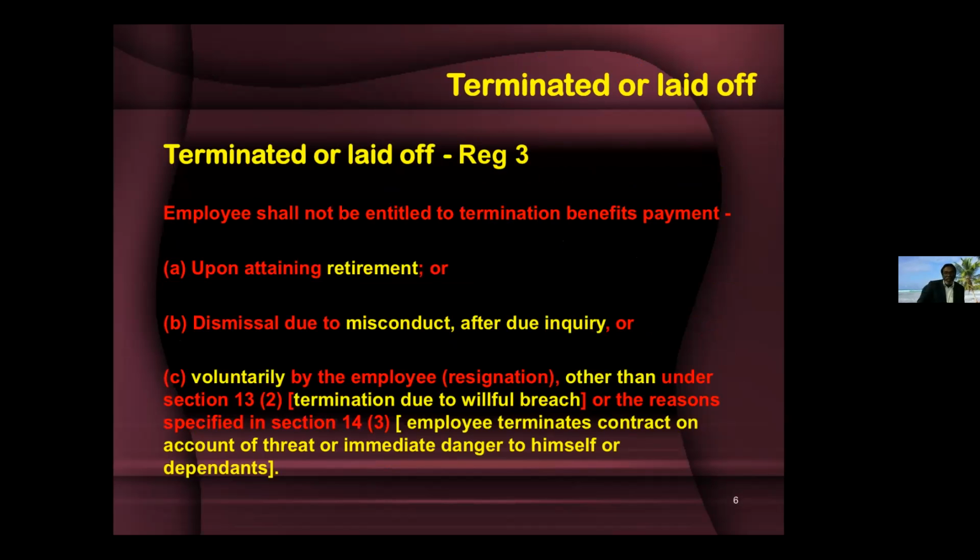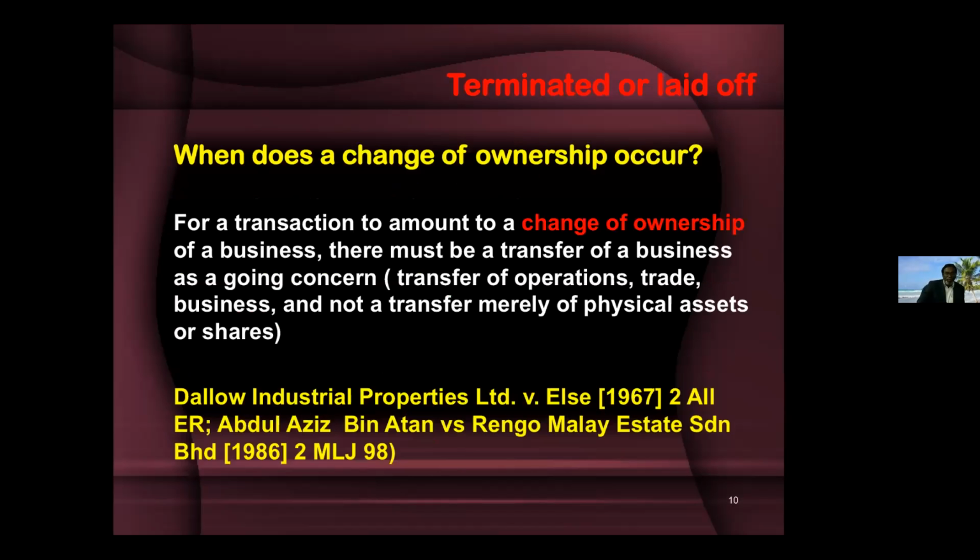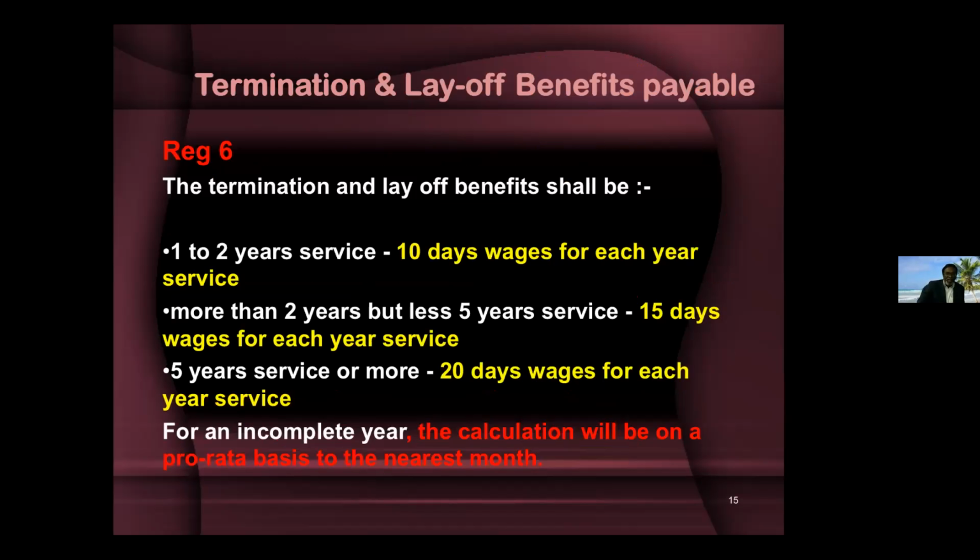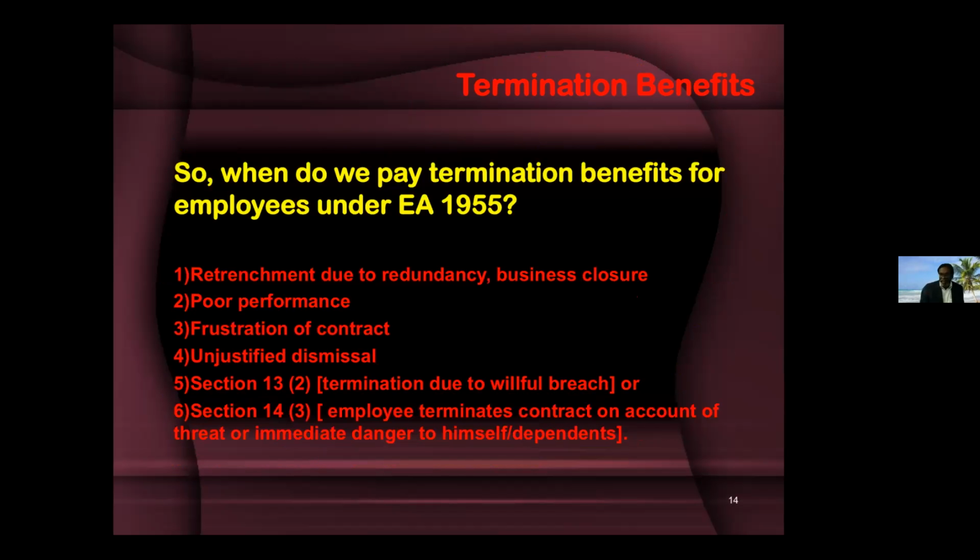In other words, it is outside of retirement, dismissal, voluntary resignation, and so on. So when it comes to poor performance, because it's outside of Regulation 3, when we terminate an employee who is under the Employment Act, not only are we bound to provide notice as per the employment contract, we are also supposed to pay termination benefits, in actual fact.